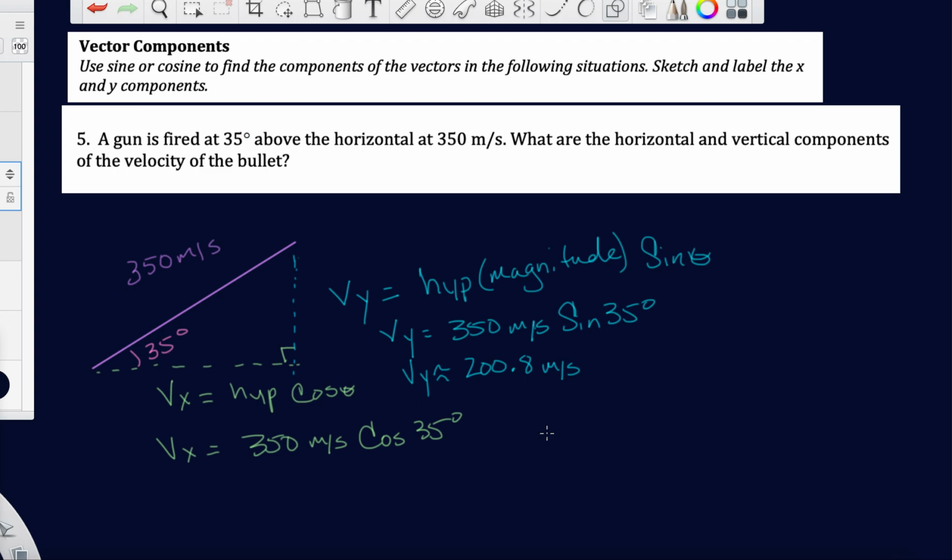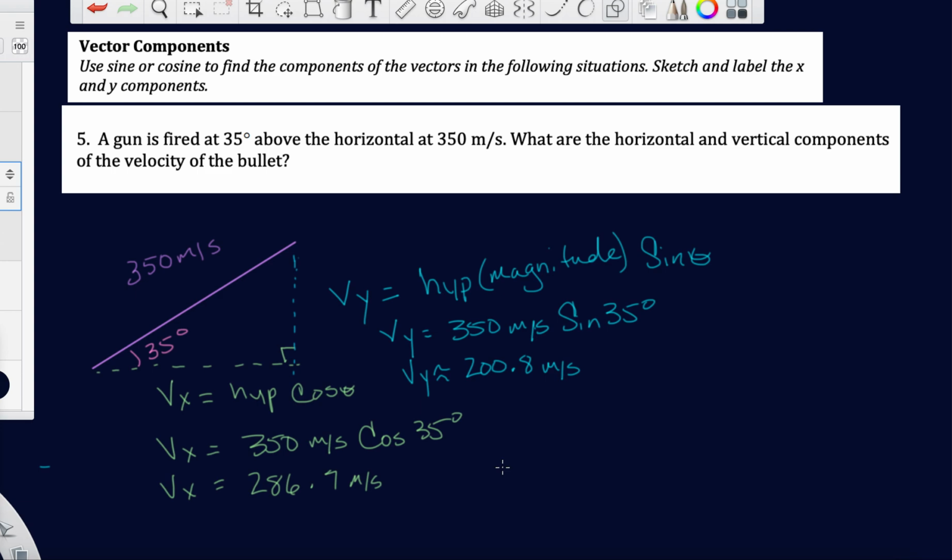And Vx is 286.7. Change the color, sorry about that. Vx is 286.7. Cool. And that's really it.